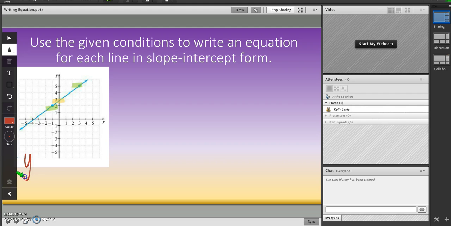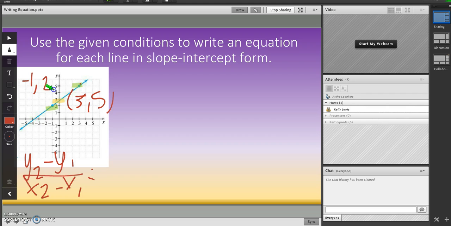So slope. The coordinate of this one is (3, 5), and this one is (-1, 2). We'll call them x1, y1, x2, y2. I only did it that way because this point comes first, left or right.